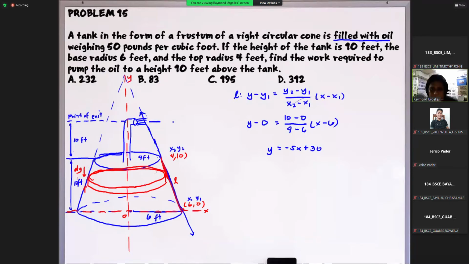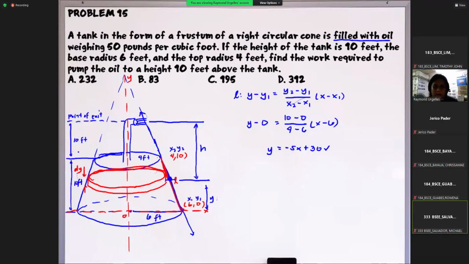So from here up to the differential volume dV we define, this is what we consider as H. This point on the cross-section is part of the line we solved, so it should satisfy this equation, such that its distance from the x-axis is defined as y. So this is h, and this is y.